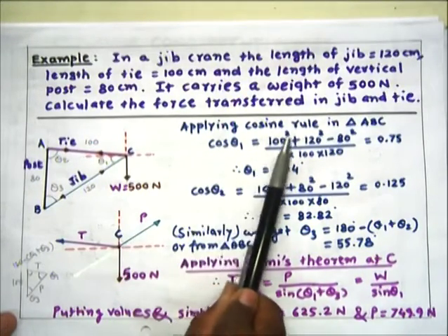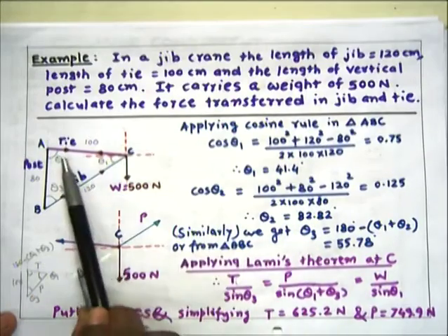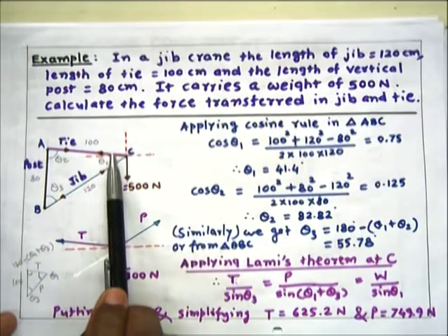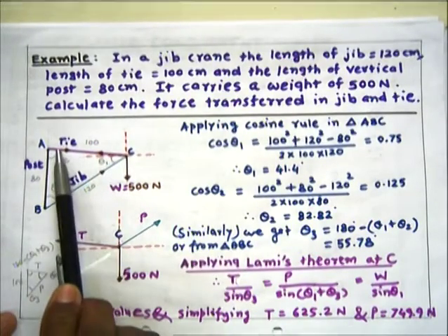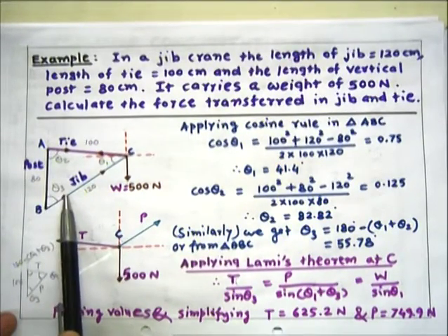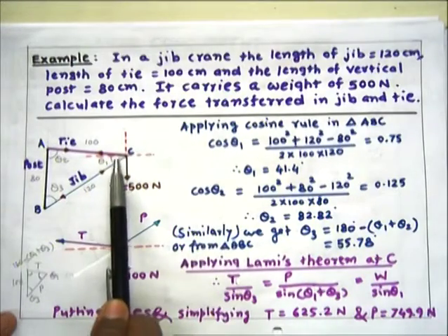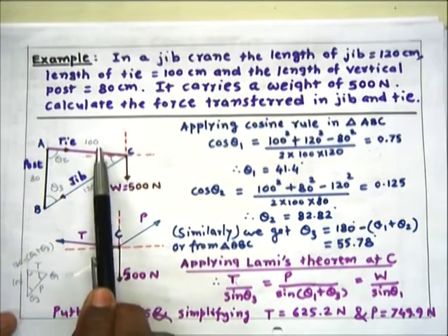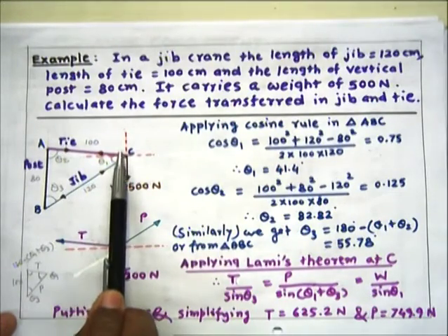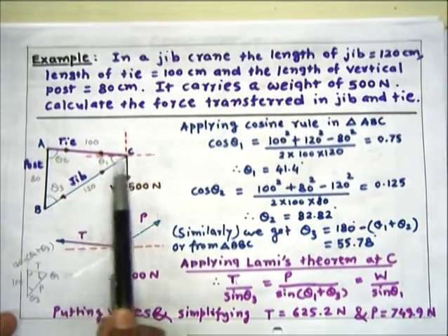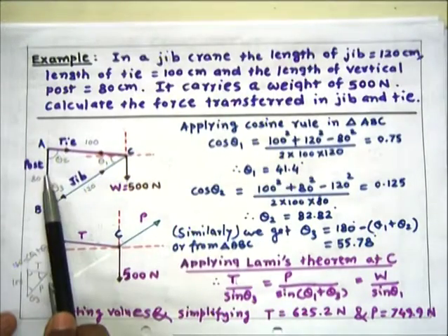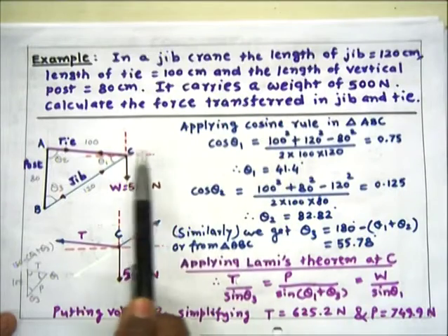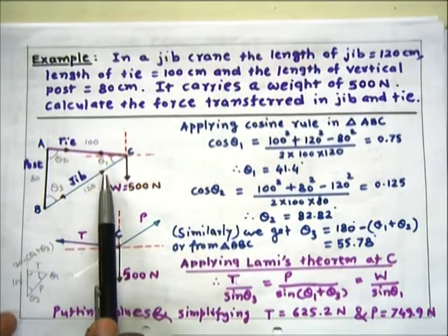So applying the cosine rule here in triangle ABC, say this angle is theta 1, this angle is theta 2, and this angle is theta 3. Then applying the cosine rule in this triangle, cos theta 1 is equal to the square of this side plus the square of this side minus the square of the remaining side divided by 2 times this side into this side.